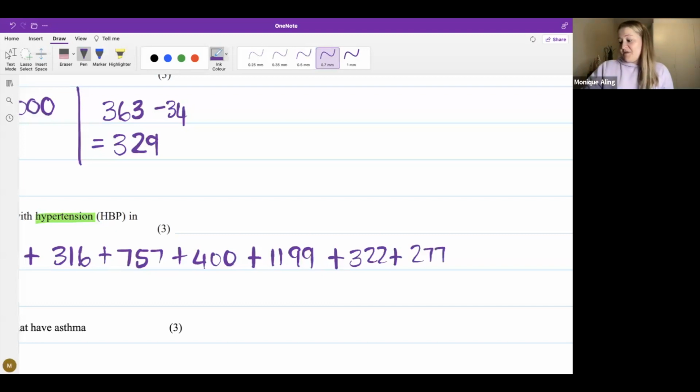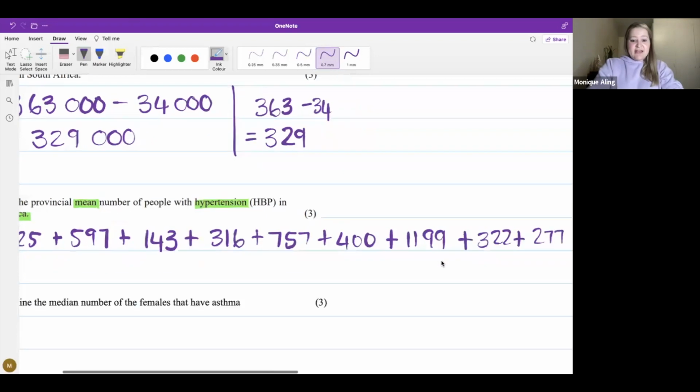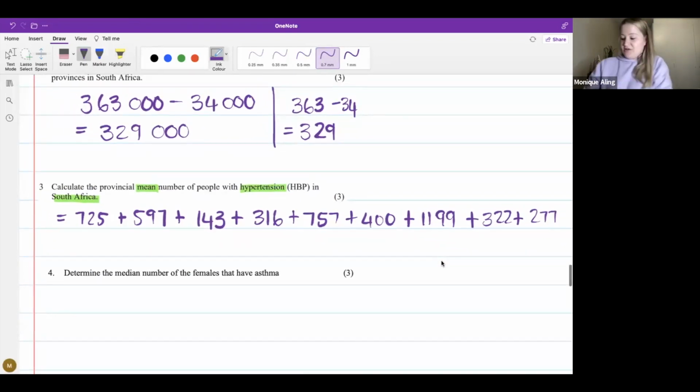Okay, so make sure that you have 9 numbers because there are 9 provinces, and you take all those numbers, you add them up, and you divide by 9, and you could get an answer of 526,22.